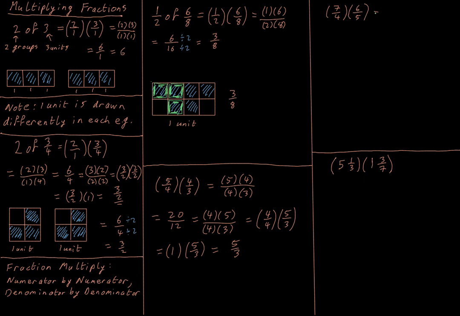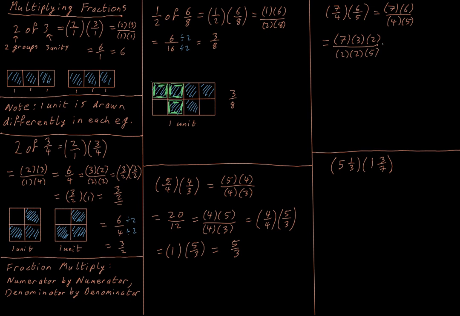So let's do our work again. We have top by top, bottom by bottom. And if we can see a common factor on top and bottom before we multiply them out, we can do that too. So I can see a common factor of 2 top and bottom here. So I could say that this is 7 by 3 by 2 all over 2 by 2 by 5.